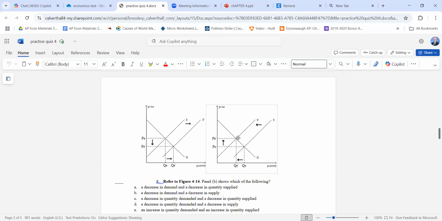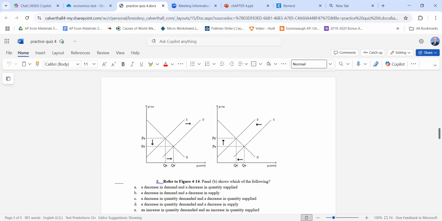All right. Then he talks about substitutes. Substitutes are two goods for which an increase in the price of one leads to an increase in the demand for the other. So I try to use Coke and Pepsi.